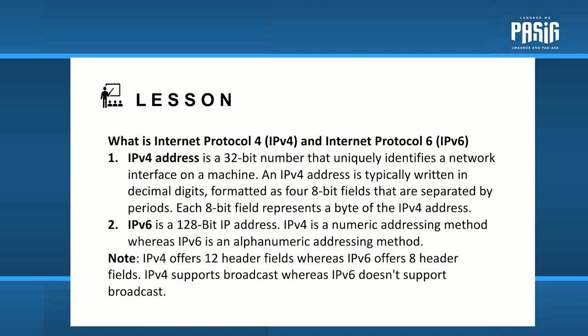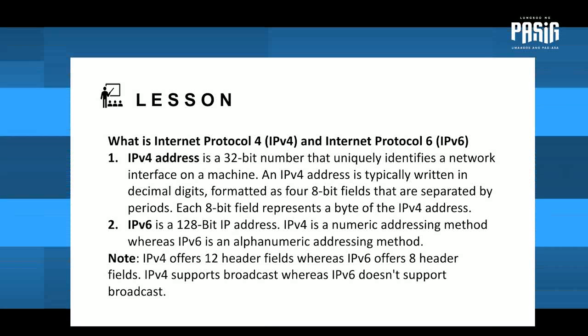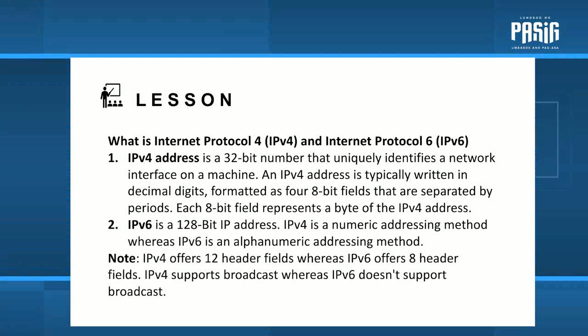What is Internet Protocol 4 or IPv4 and Internet Protocol 6 or IPv6? An IPv4 address is a 32-bit number that uniquely identifies a network interface on a machine. It is typically written in decimal digits, formatted as 4 8-bit fields that are separated by periods.